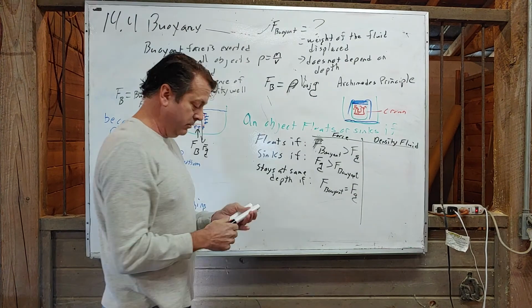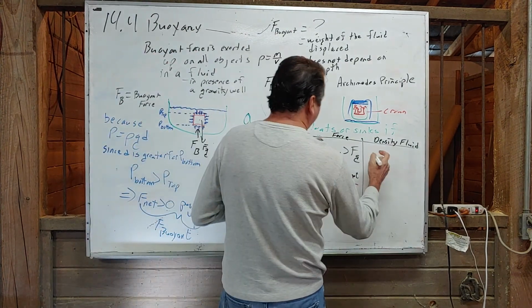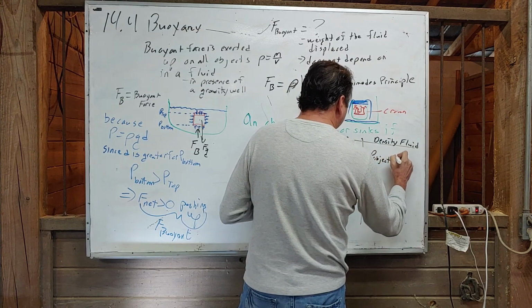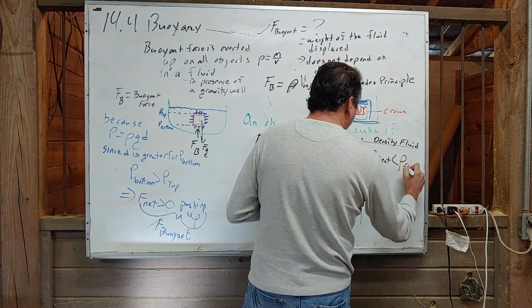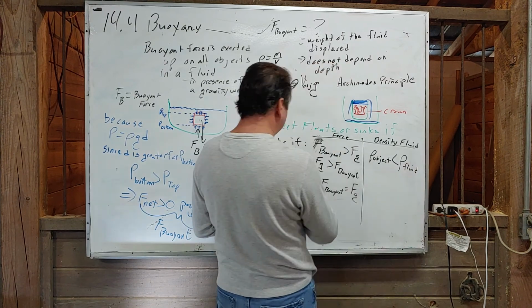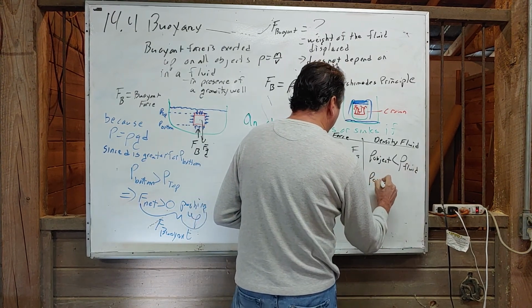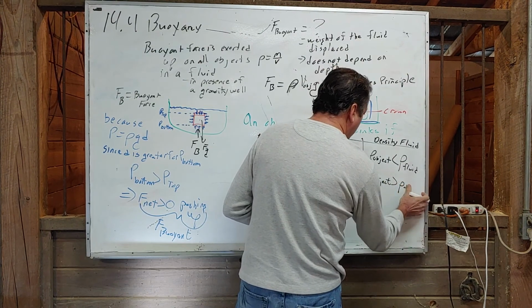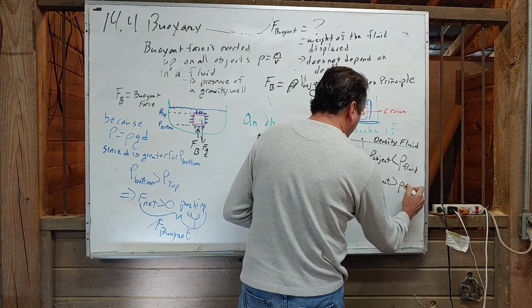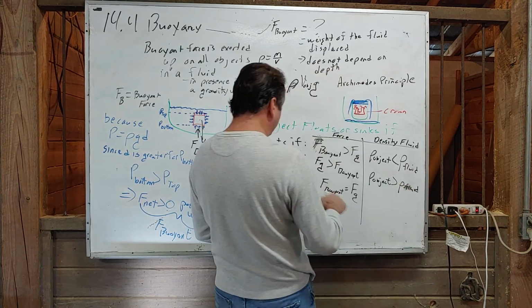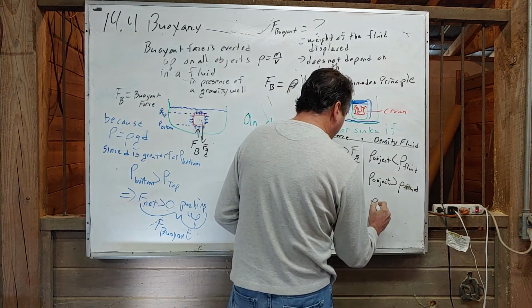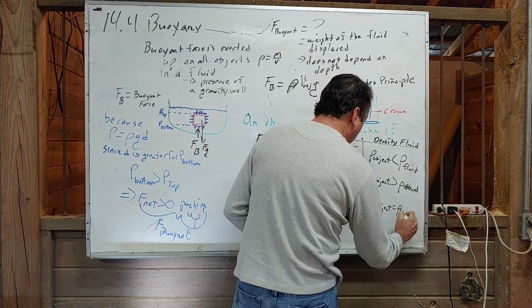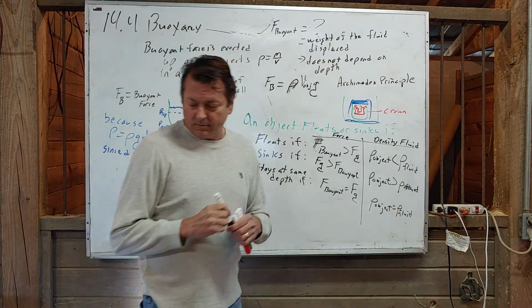And what you can say is, if the density of the object is less than the density of the fluid, it floats. If the density of the object is greater than the density of the fluid, it sinks. And it stays right at the same depth if the density of the object equals the density of the fluid.